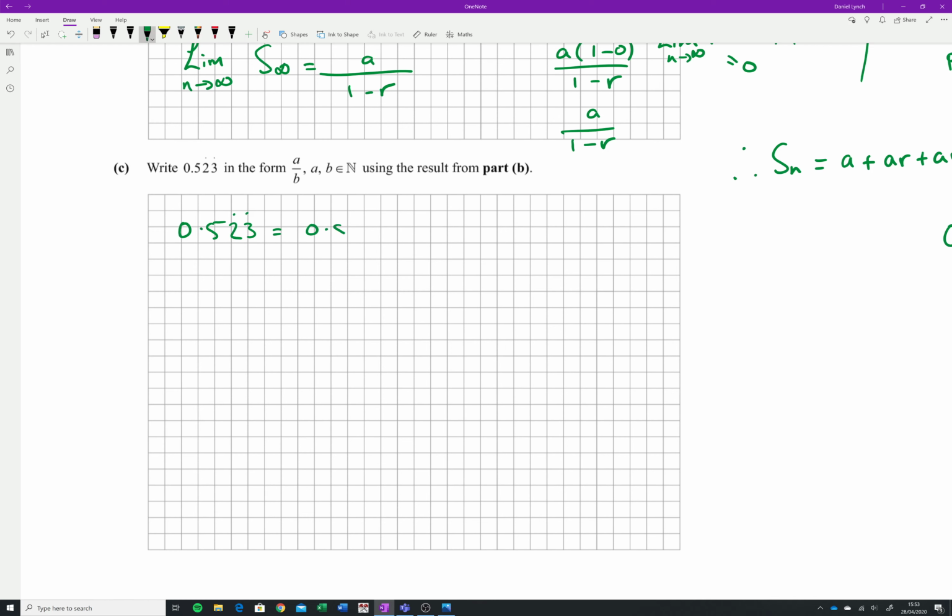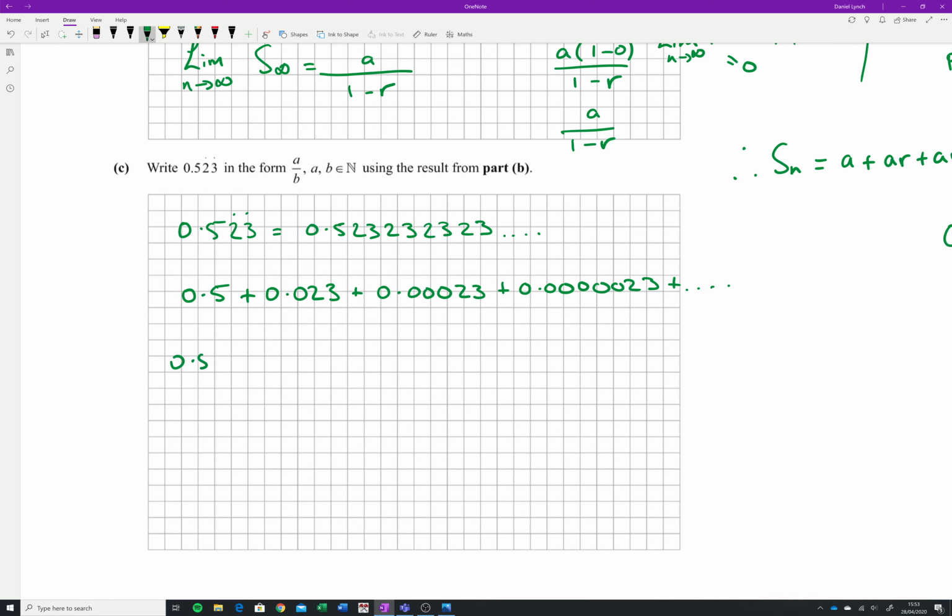So it means that it's 0.523232323, etc. And the way that you break this up is you should think of it as writing it as 0.5 added to 0.023 added to 0.00023 added to 0.0000023, etc. That's going to keep on going.